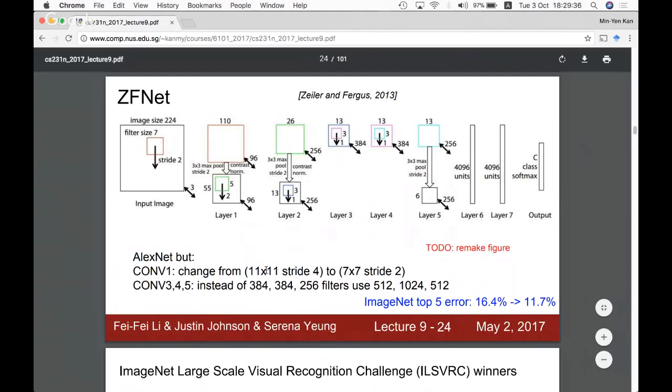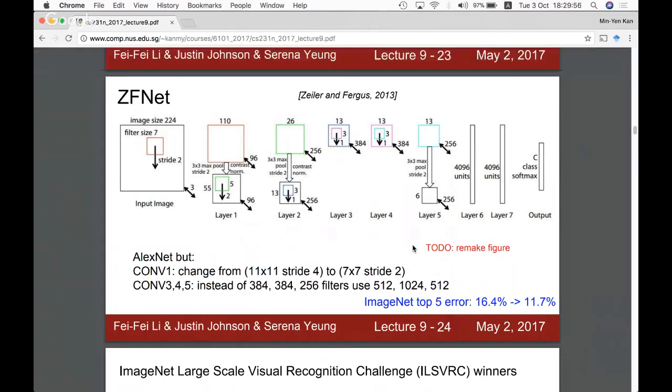The first convolutional layer changed from 11 by 11 stride 4 to 7 by 7 stride 2, and convolutional layers 3, 4, and 5 use different filter sizes. So this is ZFNet. It only changed some hyperparameters, and the network architecture is the same as AlexNet.